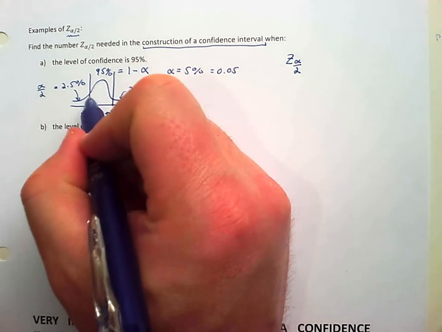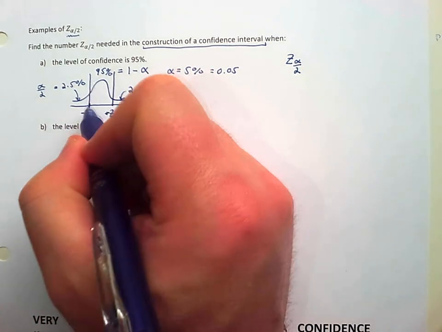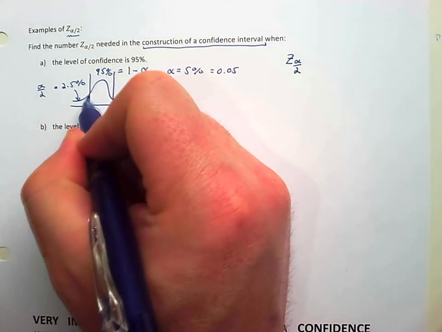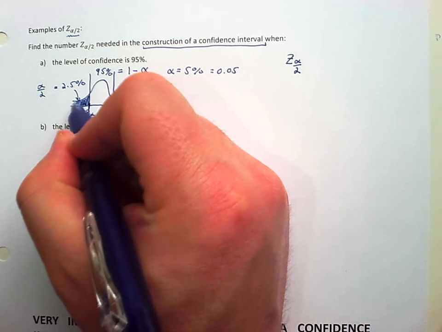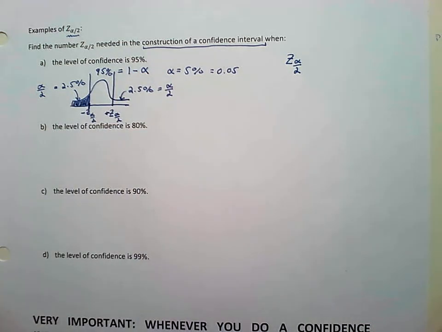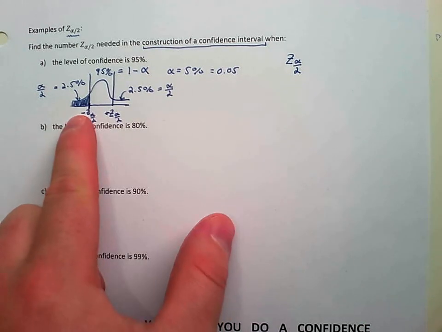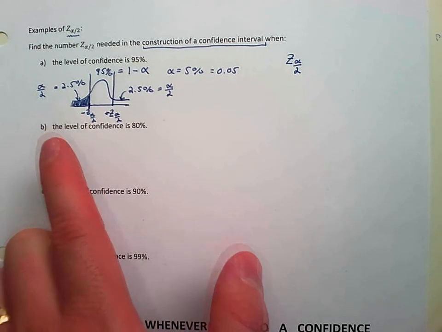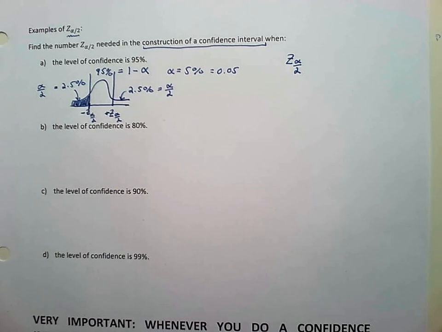So therefore, we know that this z value corresponds to this tail where there is just 2.5% in that tail. So take a minute for yourself and see if you can find the z value that corresponds to having 2.5% in that tail.